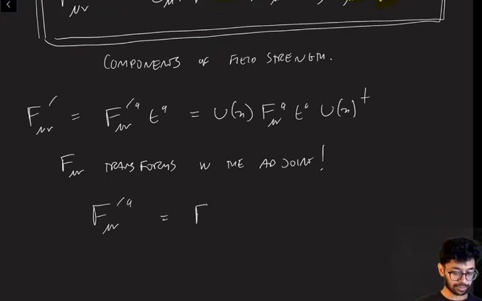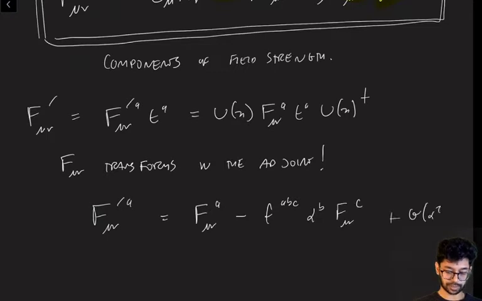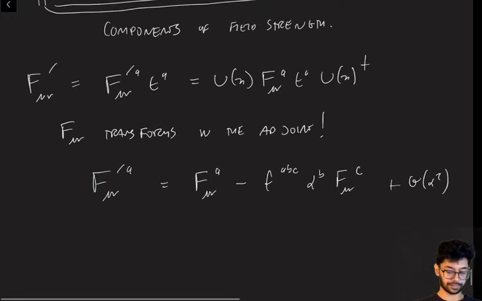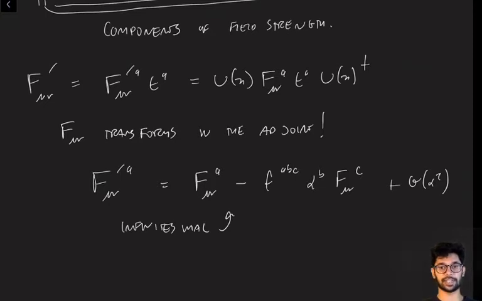And the infinitesimal version of this transformation is the following: F^a → F^a − f^{abc} α^b F_μν^c plus order α squared. So this is infinitesimal, where again you can think about U as being the exponential of iα^a T^a.